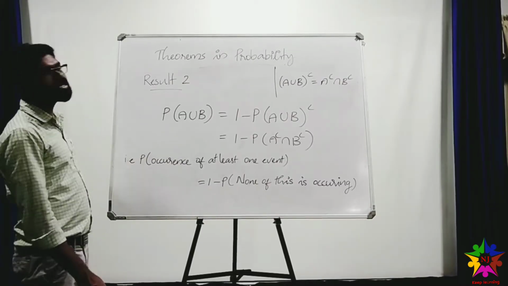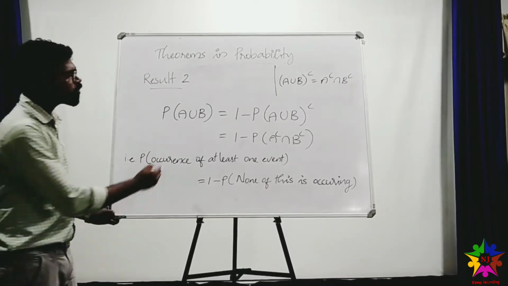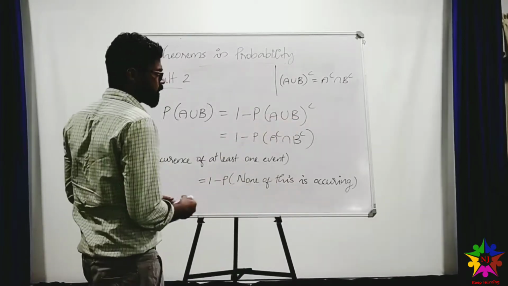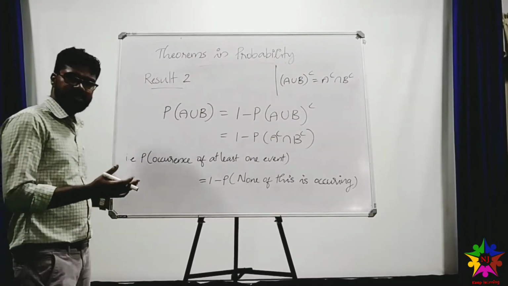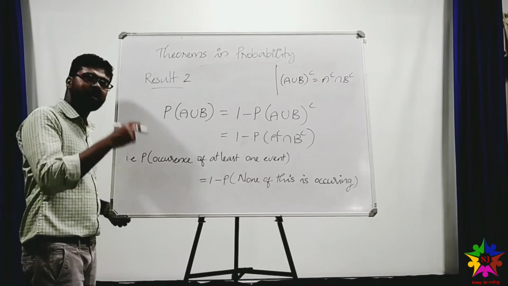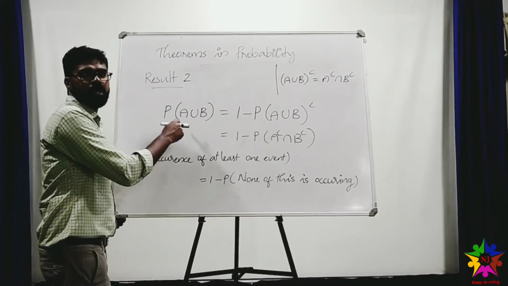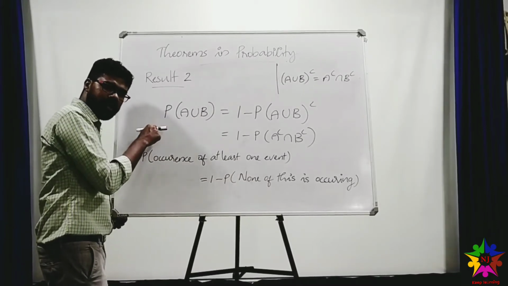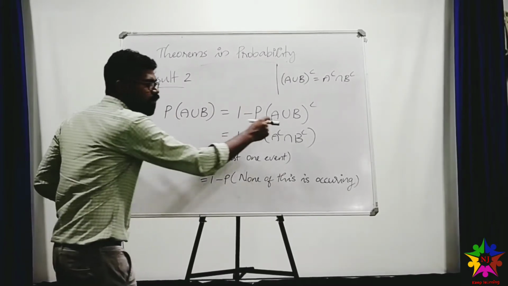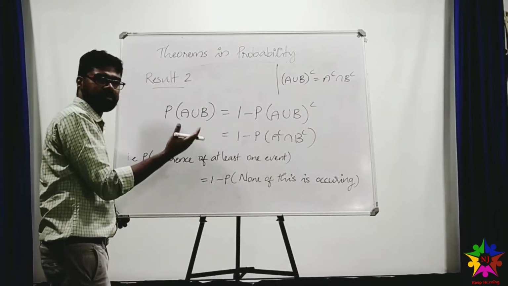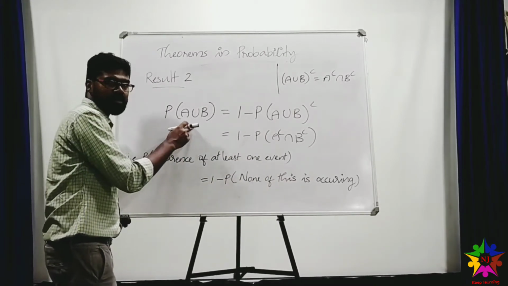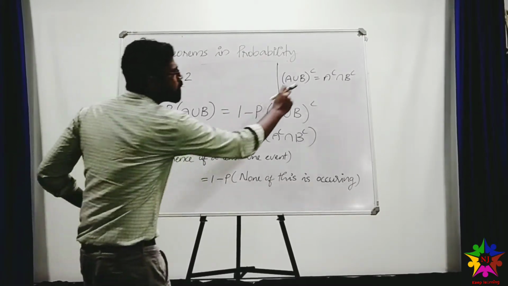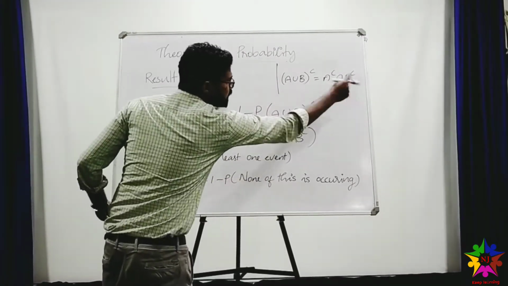Now let's discuss the second result. That is, probability of A union B is equal to 1 minus probability of (A union B) complement. We know that the complement is something that is included in the sample space but not in A union B. A union B will be an event of the sample space, and (A union B) complement will be the other events than A union B. Therefore, by the algebra of sets, (A union B) complement is equal to A complement intersection B complement.